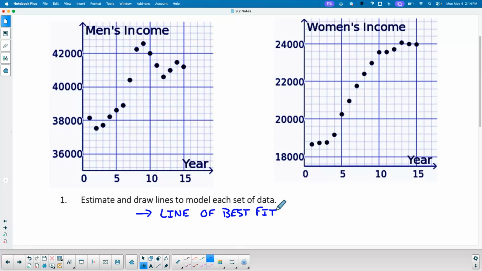Now, what also comes out of that is we're going to make an equation for that line, and that equation can be used as a prediction equation.